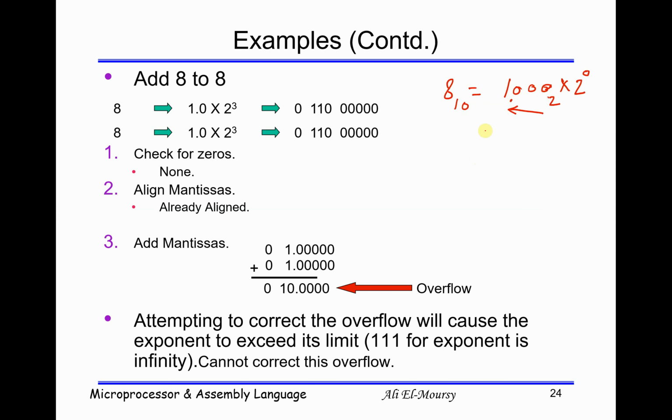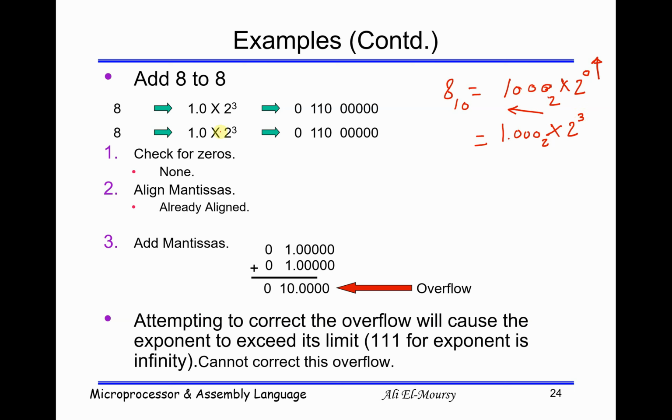So accordingly, this number, after the shifting, equals 1.000 in binary multiplied by 2 to the power... When I shift it to the left, I have to raise the exponent by 3 places, so increment it by 3, so 2 to the power 3.